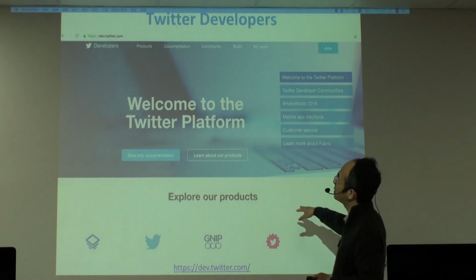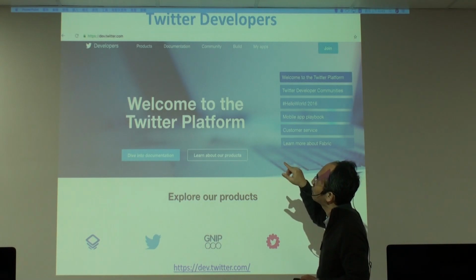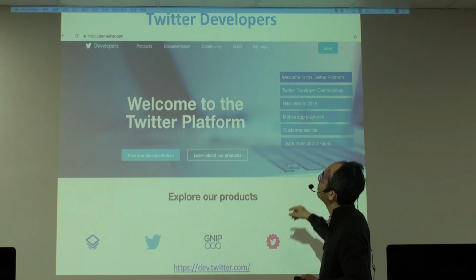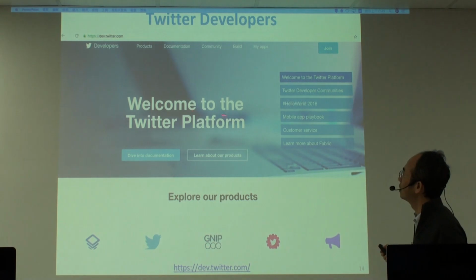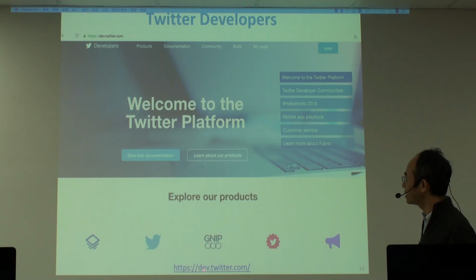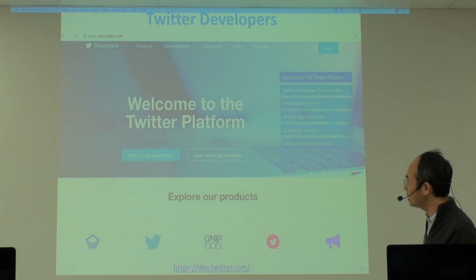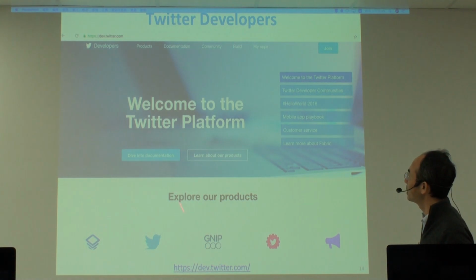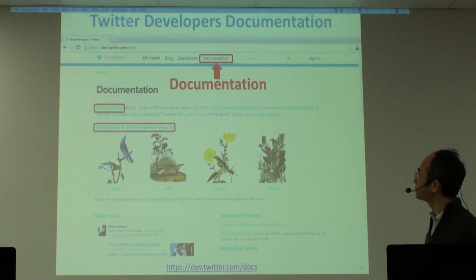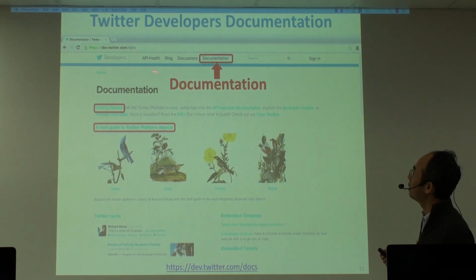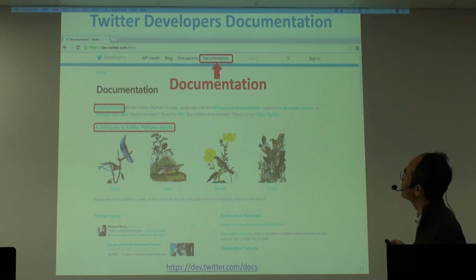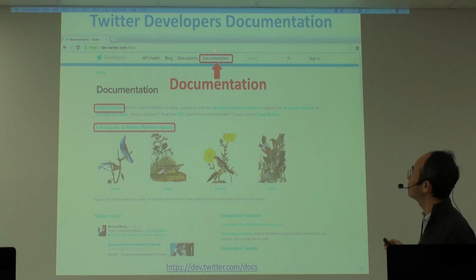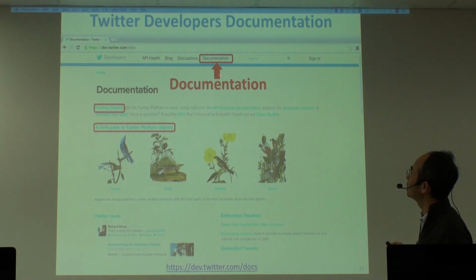And this is the developer site, dev.twitter.com, the Twitter developer platform. You can visit dev.twitter.com and explore the products provided by Twitter. When you visit the developer documents, the most important resource you can find is documentation.